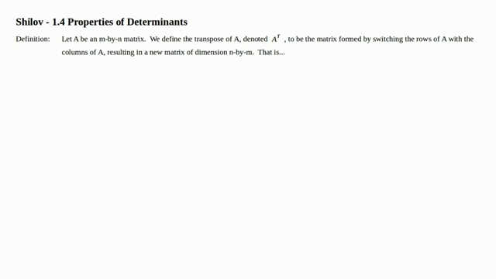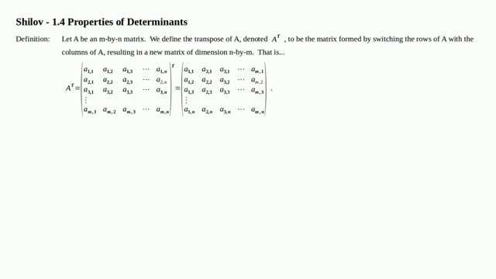So that is, take a look. A transpose is equal to the transpose of that big old rectangular array of entries. And what happens is we switch the rows with the columns. And the result is that matrix there. Note, the first row of the original matrix is now the first column of the resulting transpose matrix.